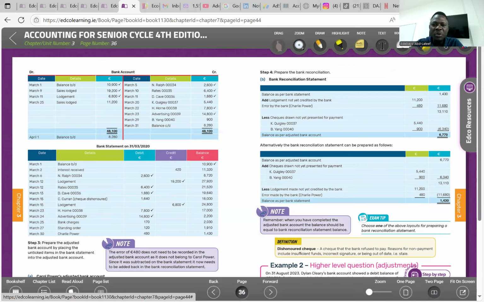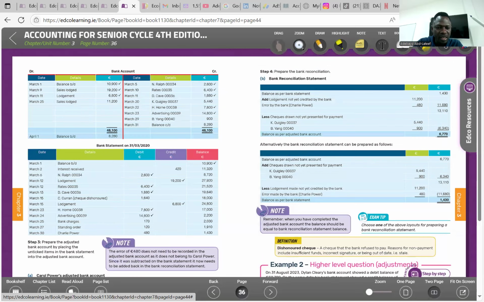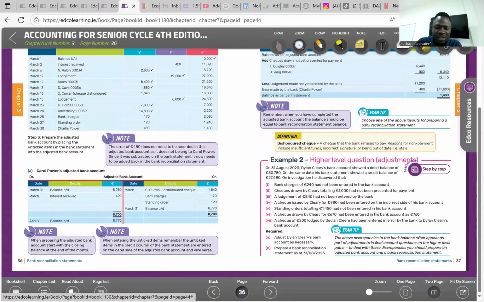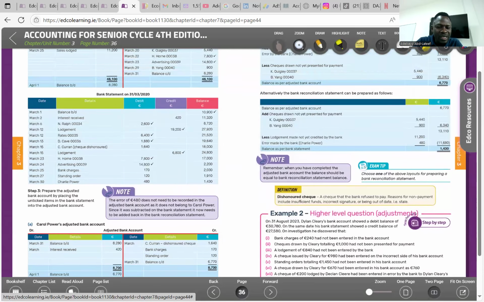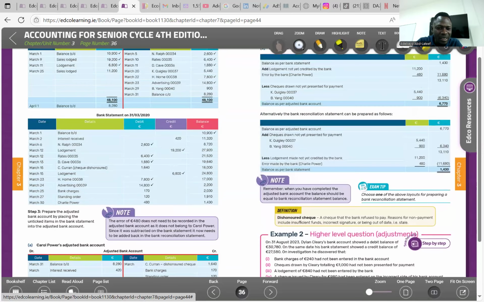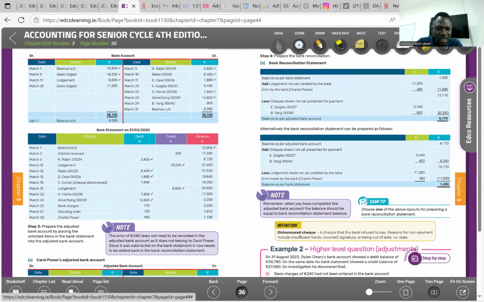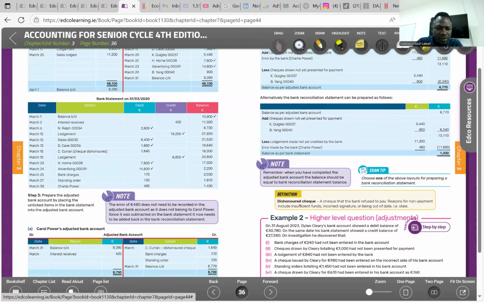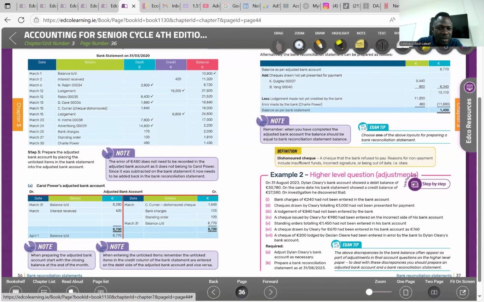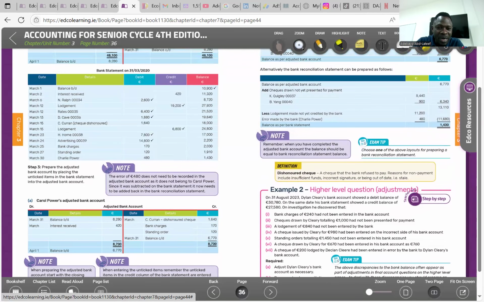So now we have to prepare the adjusted bank account. For the adjusted bank account, what are those things that are not present on the debit side of our bank statement? We have Quigley 5,440 and 900, so we have 8,280 and 5,440.